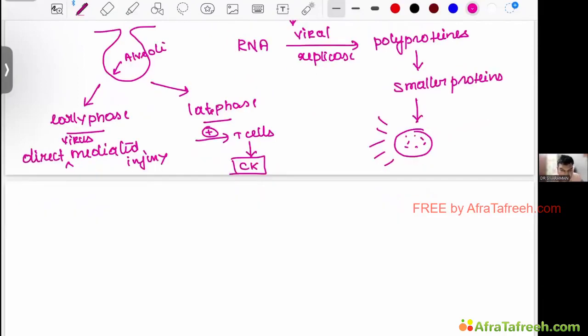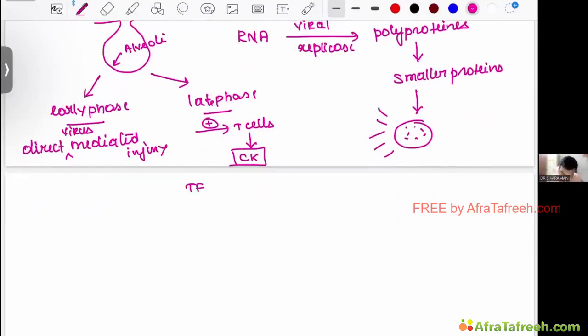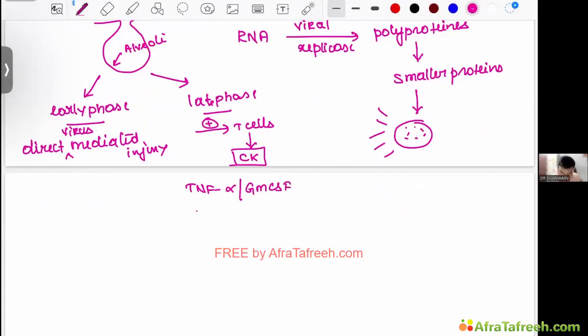The cytokines which are getting released are going to be TNF alpha, GM-CSF, interleukin 1, interleukin 6, interferon gamma.